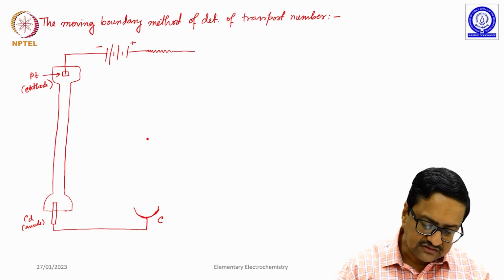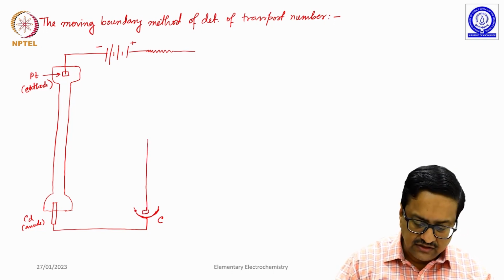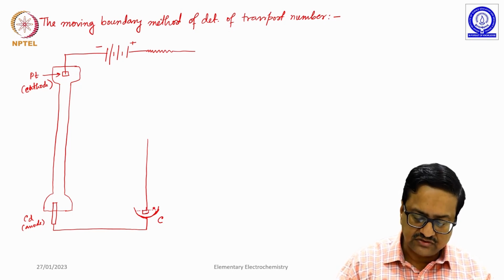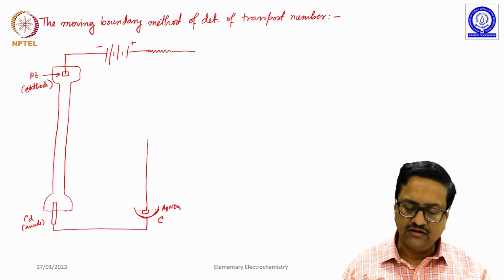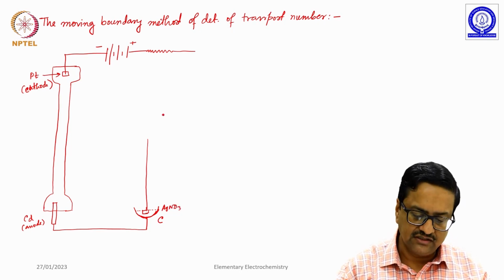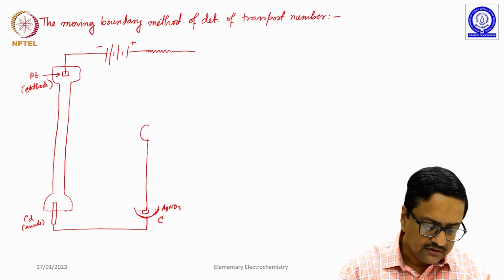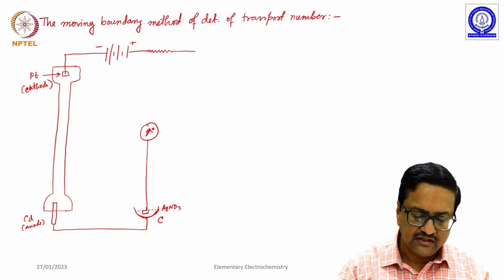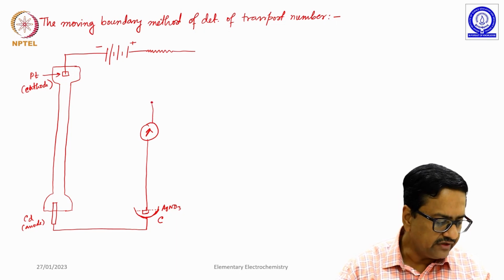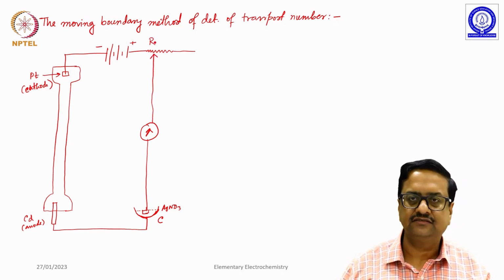This coulometer has another electrode for conduction, and you have silver nitrate solution in this to determine how much silver gets deposited when you pass current, and you have an ammeter here, and this resides on a sliding resistance here.